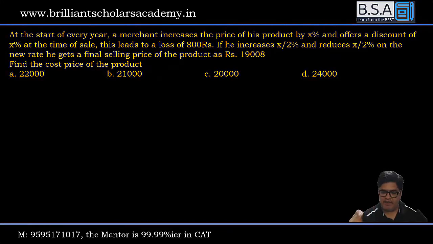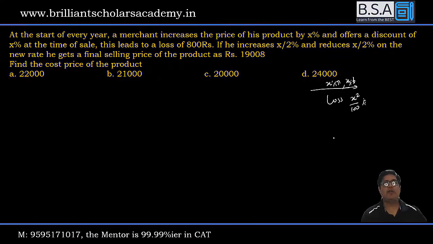One principle that we have covered many times is that when you increase by X percentage and follow that by a decrease of X percentage, it always leads to a loss of X square upon 100 percentage.